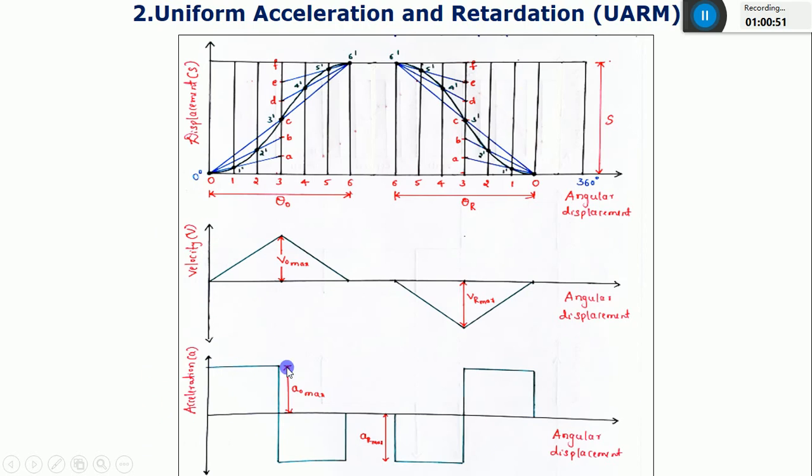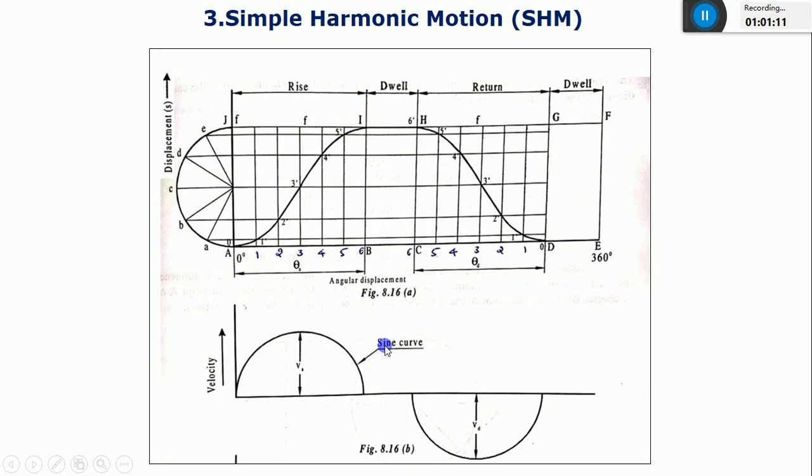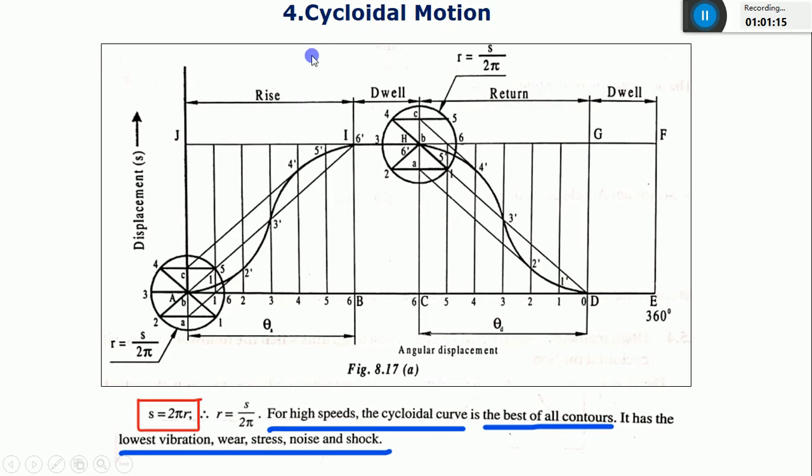It is uniform, meaning the rate of change of velocity is uniform, a gradual increase in velocity and a gradual decrease in velocity. So this is the maximum velocity. Using the formulas I have listed, you can calculate the maximum velocity and maximum acceleration. And this is for simple harmonic motion, and finally cycloidal motion.